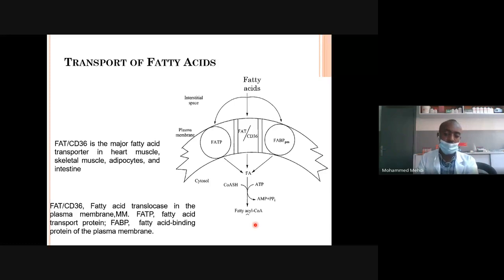Therefore, during activation of fatty acid, we consume 2 ATPs. After it is activated, it will be translocated into mitochondria, to have beta oxidation.